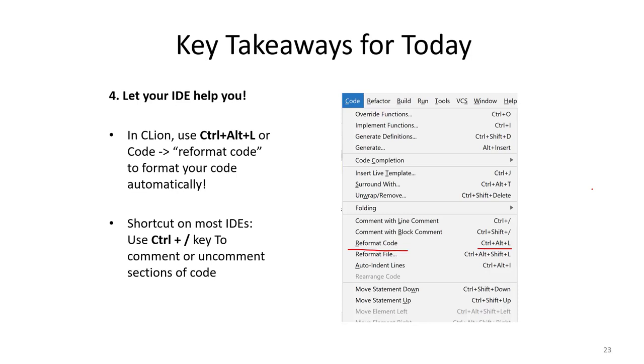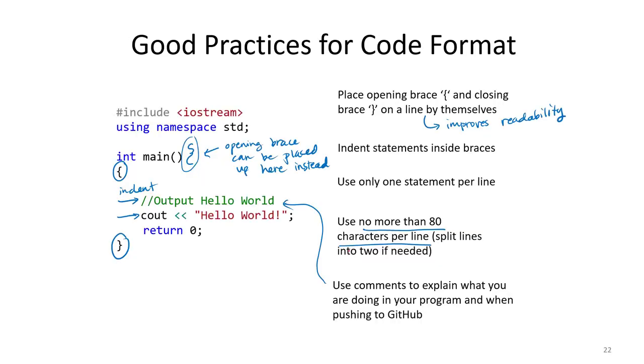It turns out that in the CLion IDE, there's a very nice feature called Control-Alt-L, or reformat code. If you use this command in CLion, it will automatically do its best to format your code following these practices.